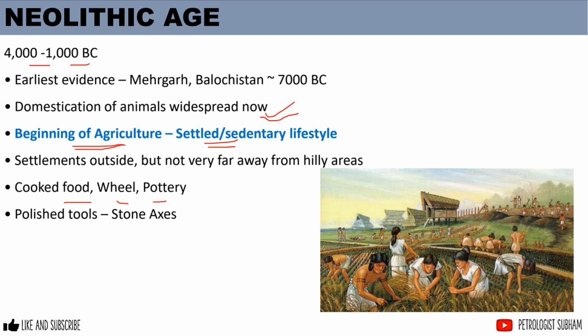Pottery as well. Polished tools like stone axes. Polished tools developed slowly, from unsharp, irregular tools in the Paleolithic to sharp microlithic tools in the Mesolithic, then stone axes, much more advanced polished tools in the Neolithic age, right?